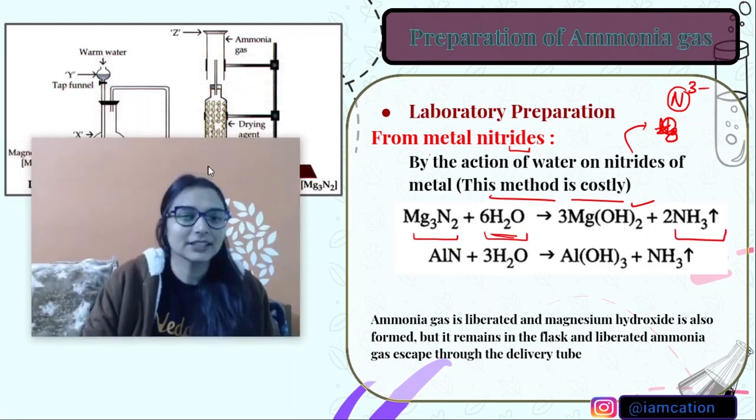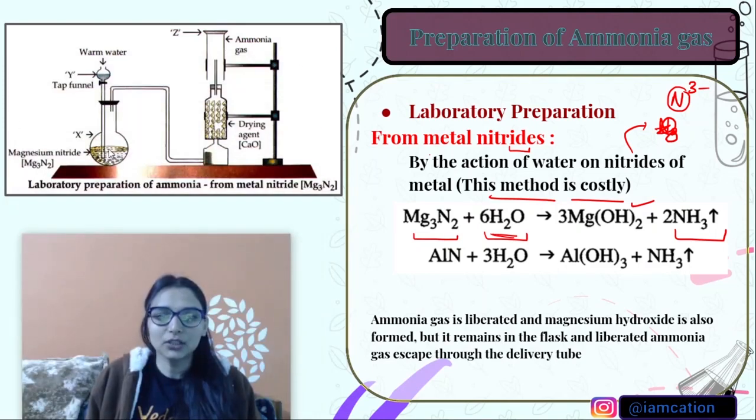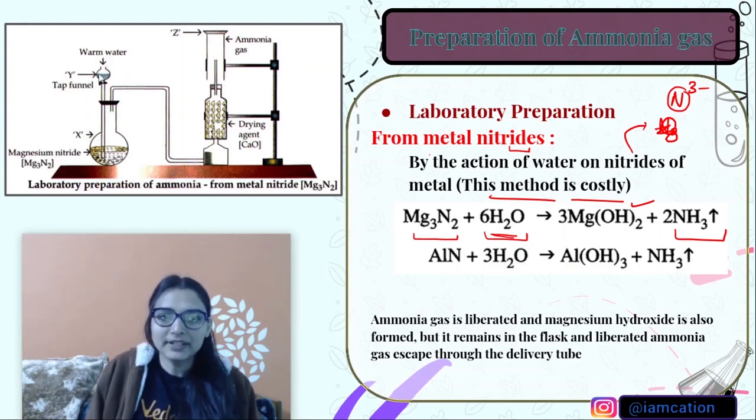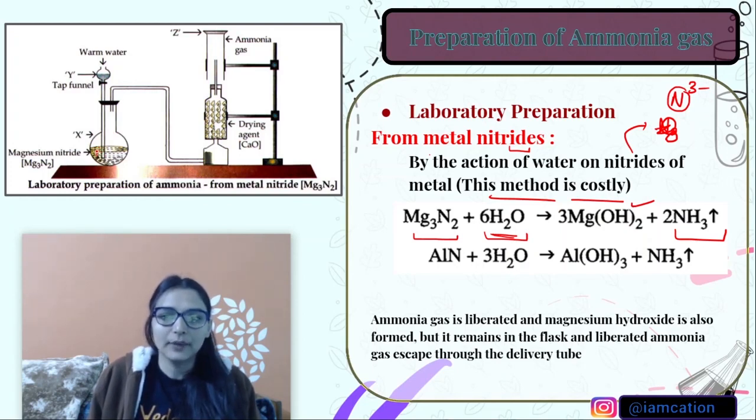So I'm covering the setup over here, you can see this. Magnesium nitride we have taken over here, plus from the top we are adding warm water. When they are mixed, we would be getting magnesium hydroxide over here, okay. Look here, magnesium hydroxide would settle over here, and the ammonia gas that is formed would be passed from here.